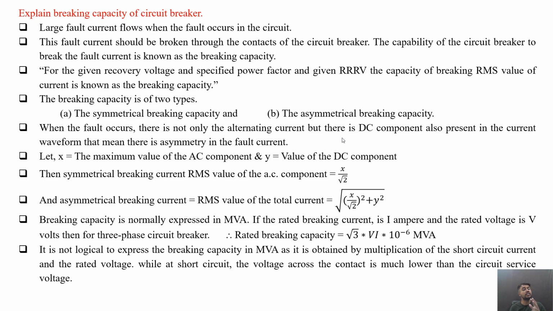This shows that there is no voltage or actually a very low value of the voltage present. So the calculated rated breaking capacity like this is not the actual breaking capacity of the breaker. But as far as the concern of the theory, if asked in the examination, you can explain like this.